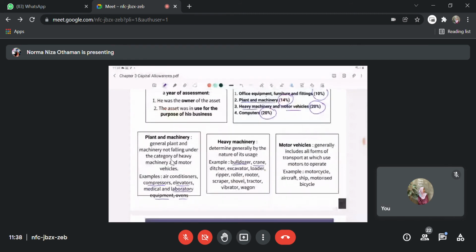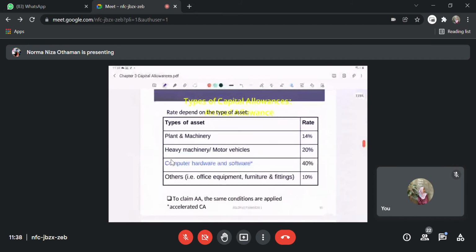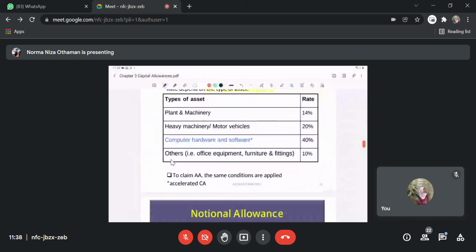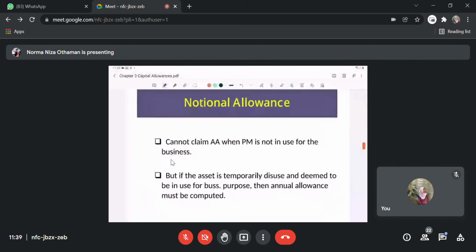Okay, madam. So this is also the same types of capital allowances I mentioned earlier. Notional allowances: when do we claim it? It is when the plant and machinery is not used for the business. For example, the machinery may be broken, so we send it for repair and maintenance and it is not used for that year. So we cannot claim annual allowances during the period that the machinery is not used, so we use notional allowance.